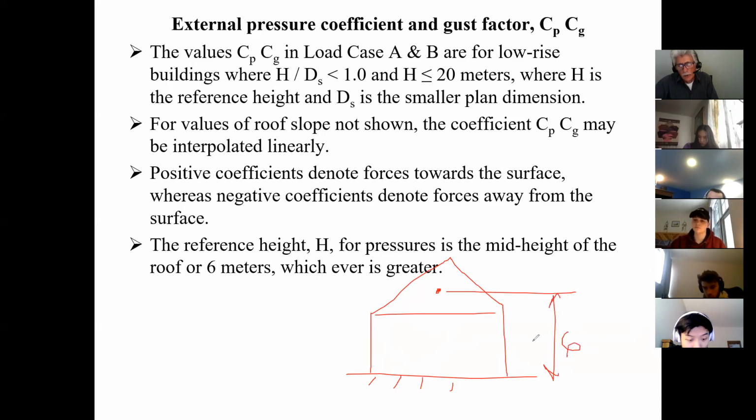Now what they're saying here is that this height is either going to be that height or 6 meters. Don't use anything less than 6 meters because the Ce value is always the same value from 0 to 6 meters. So that's what they mean for the reference height H: the mid height of the roof or 6 meters, whichever is greater.